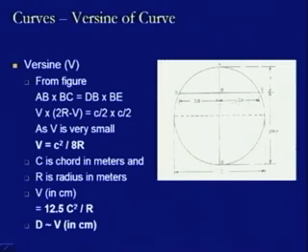Similarly, if we take this chord, then we have this distance and we have another distance on this side. If we take the multiplication of these two, then they are going to be equal. This is the property of this circular curve.